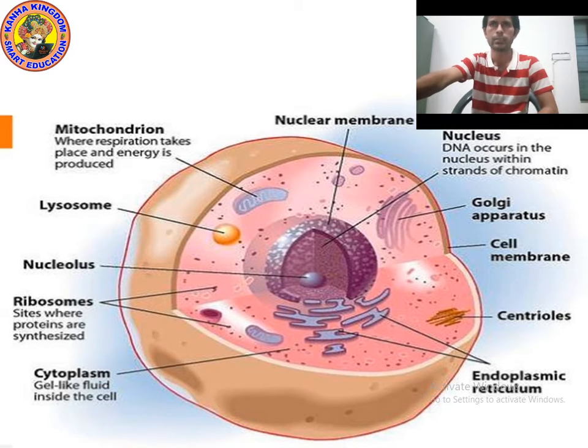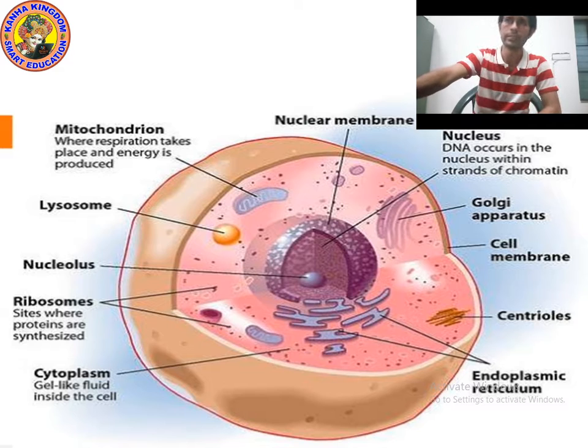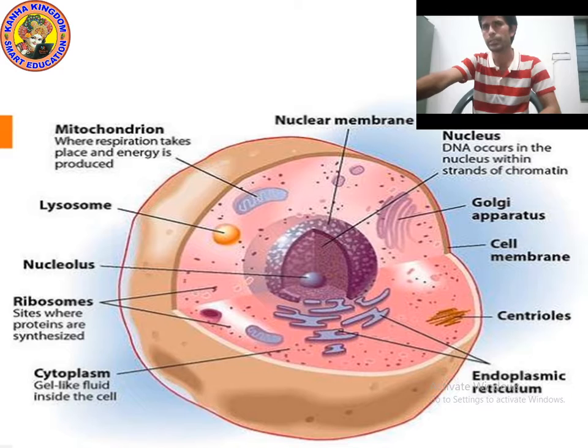Can you see the picture of centrioles? In the nucleus, DNA occurs within the strands of chromatin. Can you see the cytoplasm in orange color?